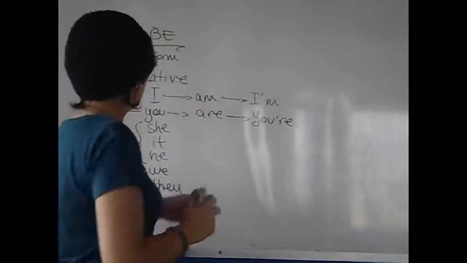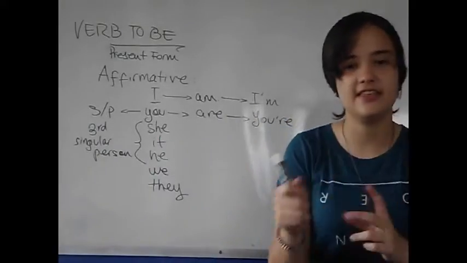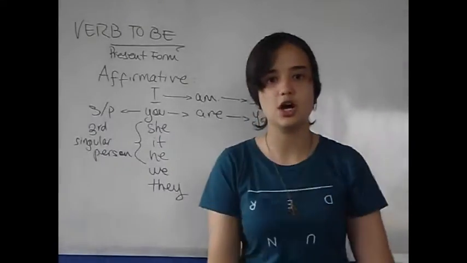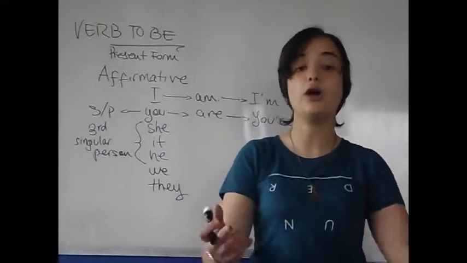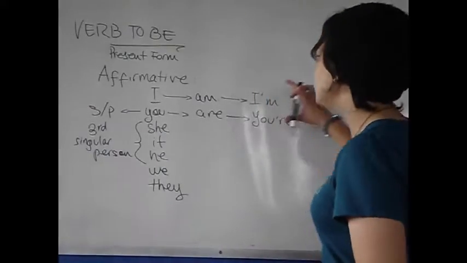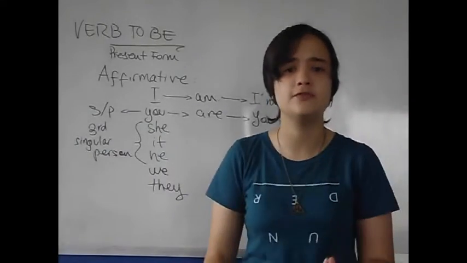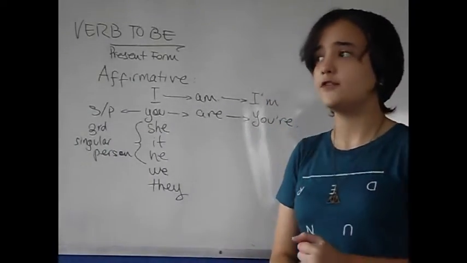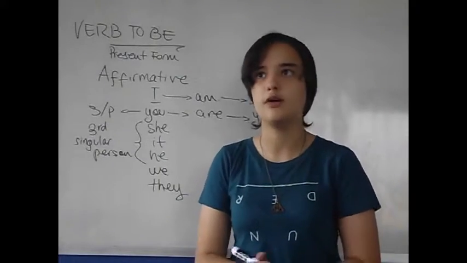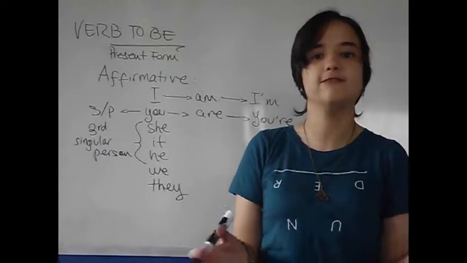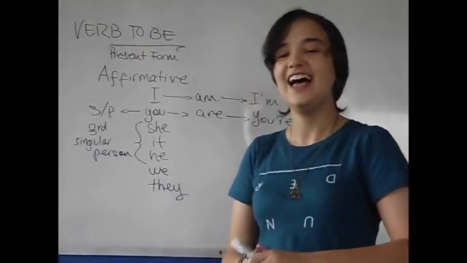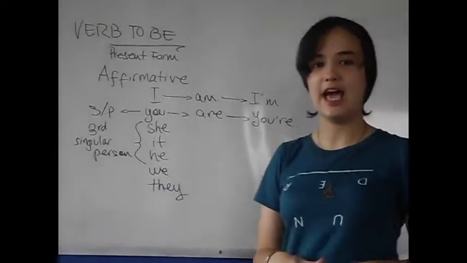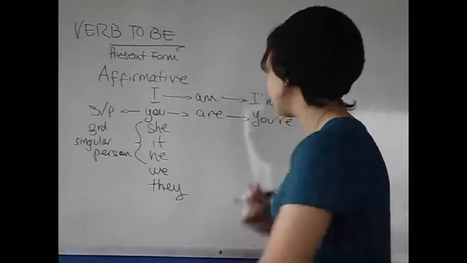So the verb to be has this thing that even if we're talking as an auxiliary or as an action verb, it can have contractions. Most verbs don't have them. For example, if we talk about run or about fly, we cannot contract them. So that's why the contractions only happen in the verb to be.